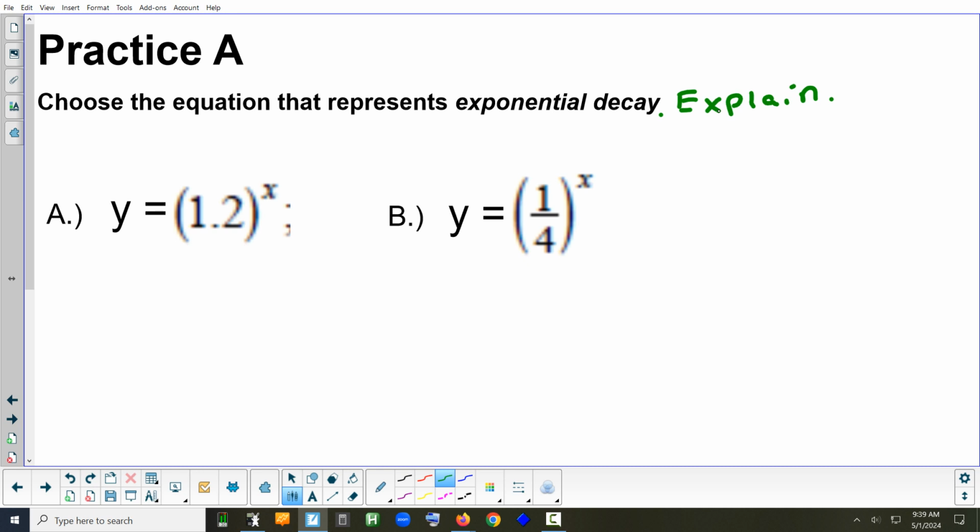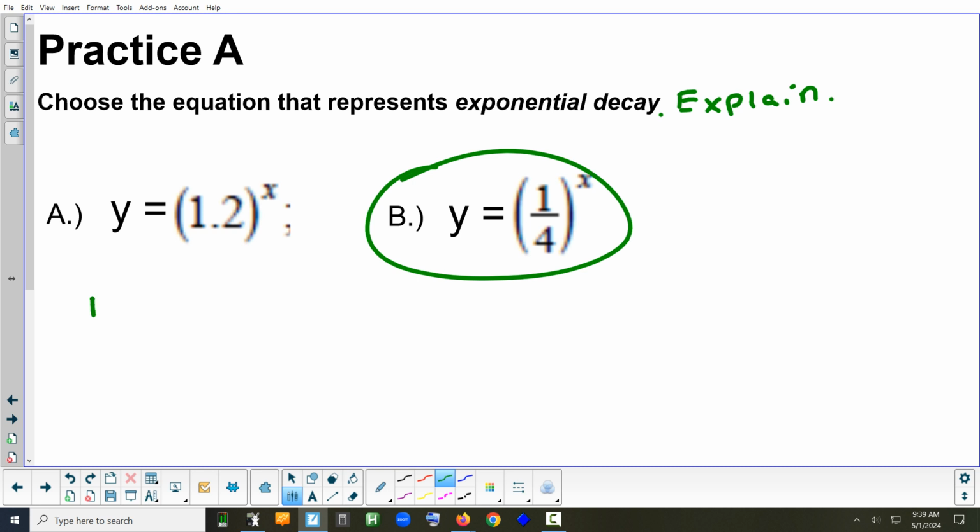And then I want to know why you picked the one you pick. Which equation there represents exponential decay? B. That's correct. Why? Because 1/4 is less than 1. Yep, it's less than 1, but it's still bigger than 0. It's got to be between 0 and 1.